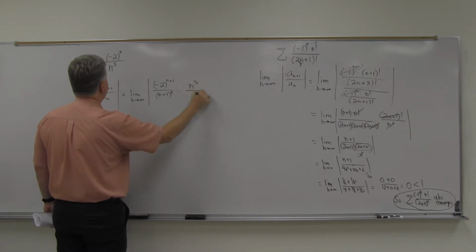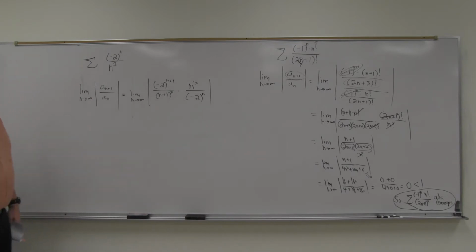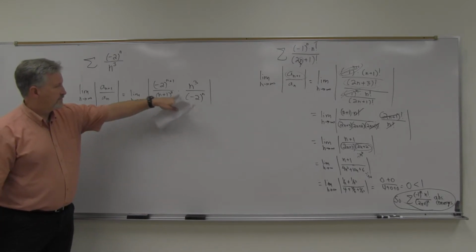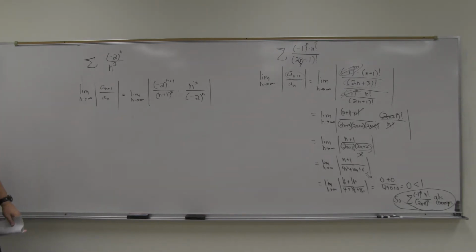So I divide by a sub n, which means I'm going to multiply by its reciprocal.